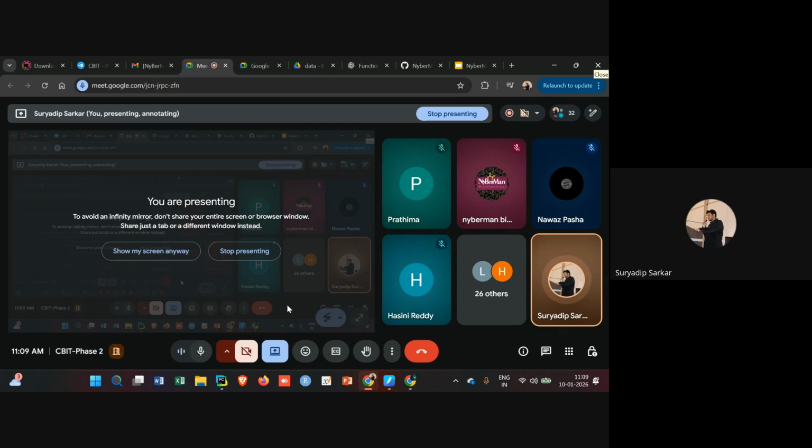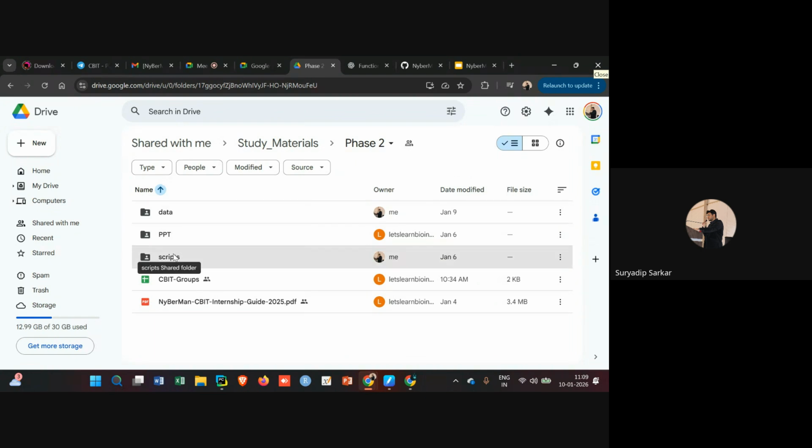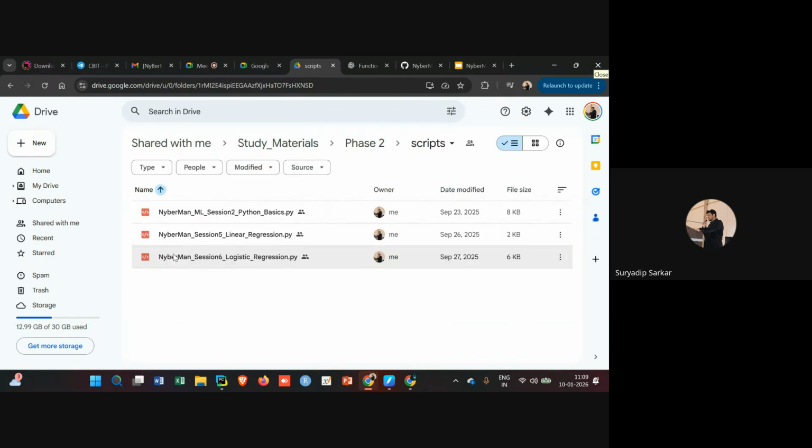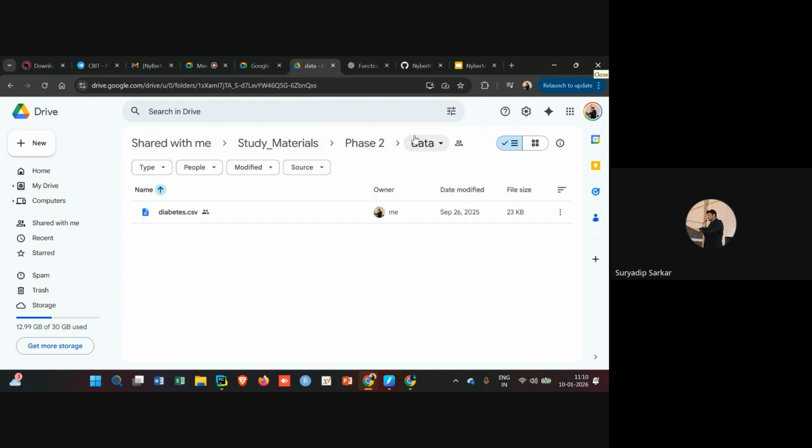Now, for the lab, as I have already mentioned, you go into the drive folder, right? There will be two folders here, scripts and data. Inside scripts, you will have this particular .py or Python file, Session 6 logistic regression.py. Go ahead, download it and place it in the PyCharm projects folder. Similarly, you should place the dataset diabetes.csv inside the data folder.